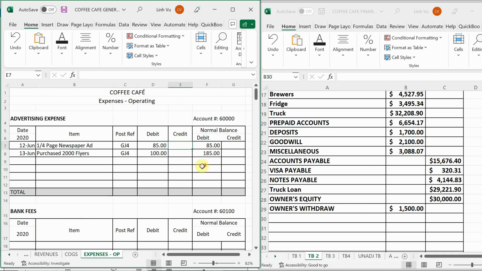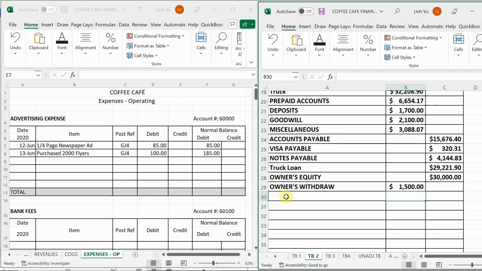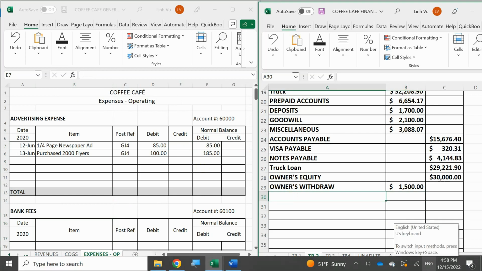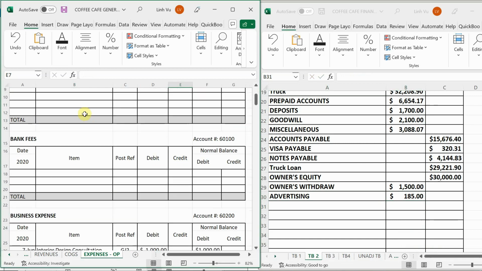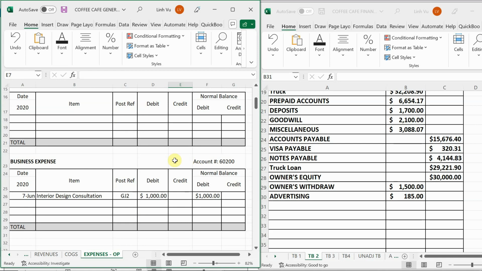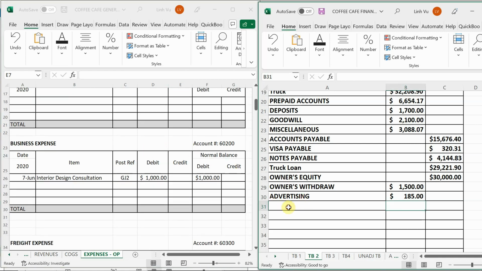All right, starting from the very top. Yes, I've made a lot of expenses. First one I have here is advertising, okay, for $185. Okay, no bank fees yet, but I did encounter some business expenses, right?